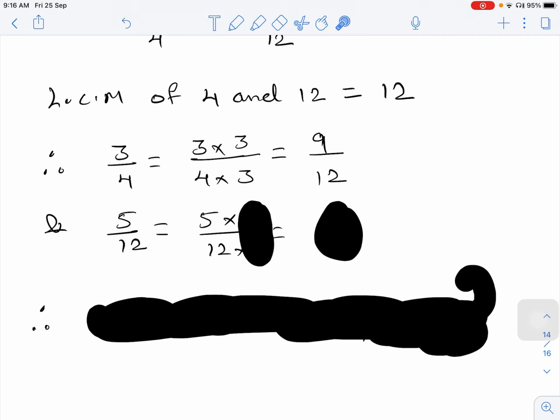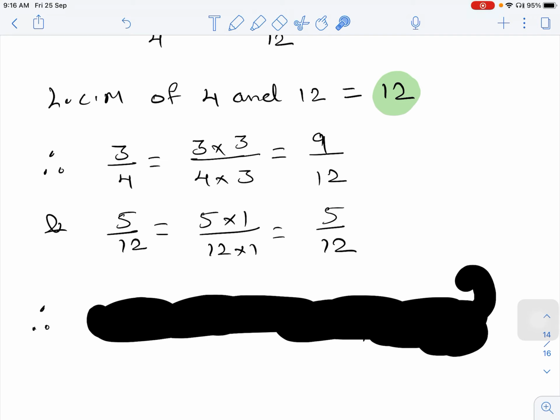Okay, now our next number is 5 upon 12. Now already here the denominator is 12. Why are we considering that the denominator should be 12? Because the LCM of both the denominators is 12. Okay, so I'm just highlighting this one. Now since it is 12, we will still multiply it by 1. Okay, so you will get 12 into 1, 5 into 1. Okay, then in the next step you will get our answer as 5 upon 12.